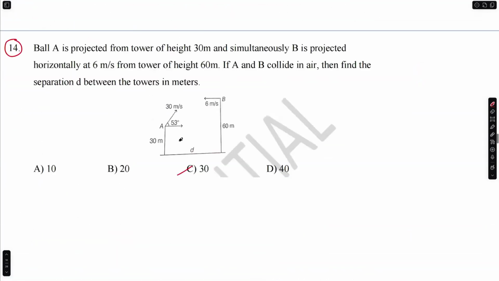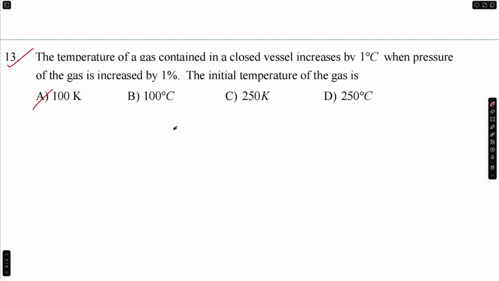Clean hit questions is what I am looking at right now. The temperature of the gas contained in a closed vessel increased by 1 degree centigrade when the pressure of the gas is increased by 1%. Closed vessel means volume constant. So delta P by P is delta T by T, which implies delta T is 1 degree centigrade, given.